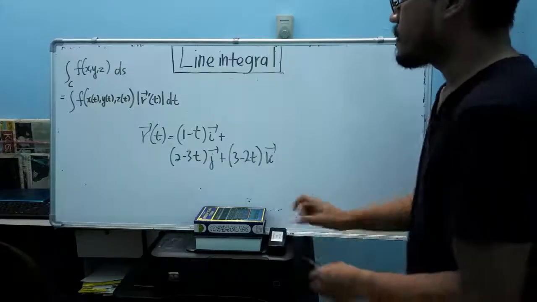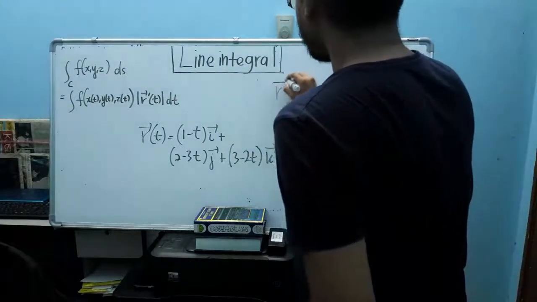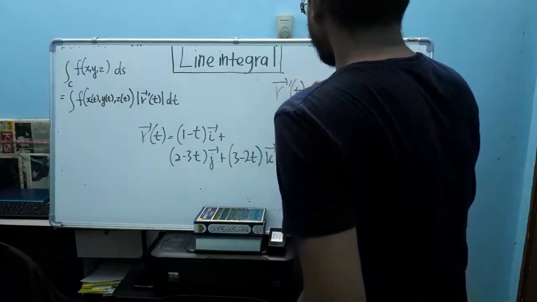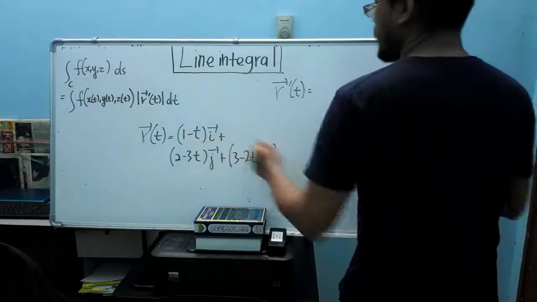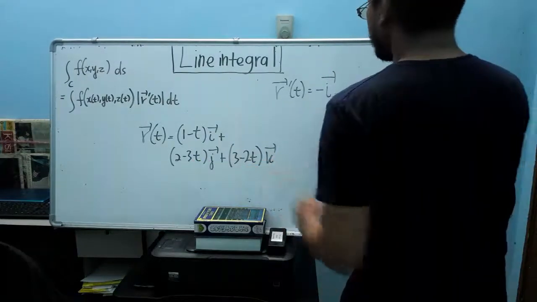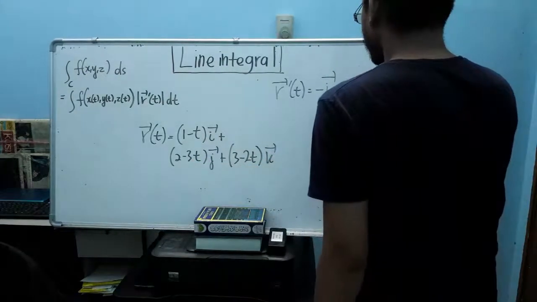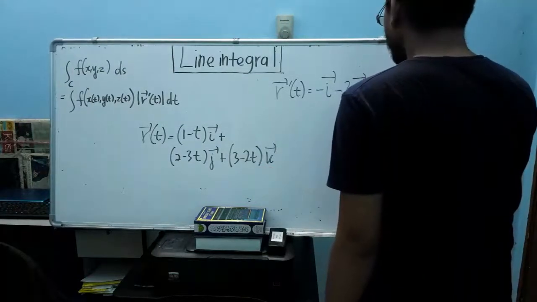After I find my r(t), I can find my r prime (t). What is my r prime (t)? I just take the derivative: minus i, minus 3j, and minus 2k.